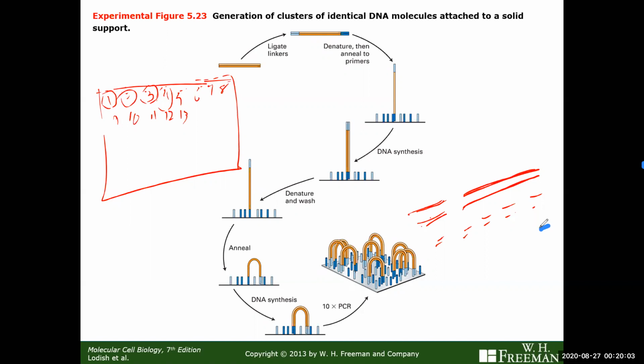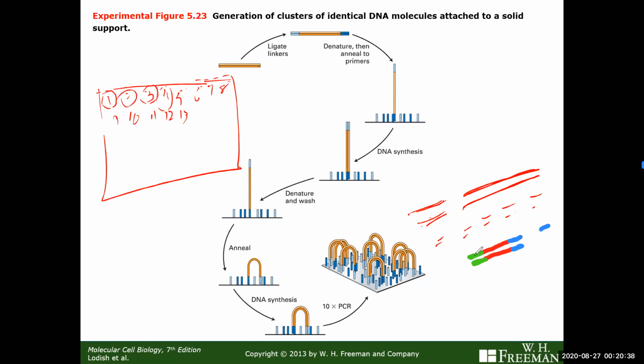These are known sequences, and you can add them to a small fragment of double-stranded DNA. So if this is your double-stranded DNA, you add adapters right after this, like this, and like this. These are defined sequences.